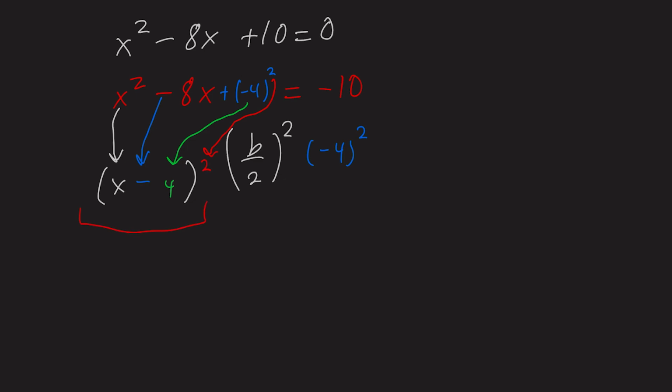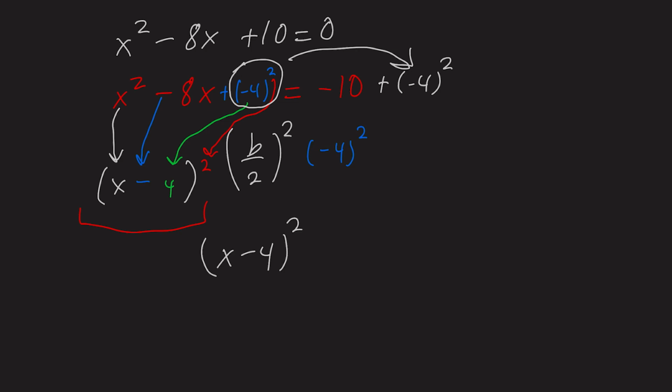But we have to remember that if we added negative 4 squared to this side, we need to add negative 4 squared to this side in order to keep both sides equal. So now our equation becomes x minus 4 squared equals negative 10 plus, what's negative 4 squared? 16. Therefore, x minus 4 squared equals 6.